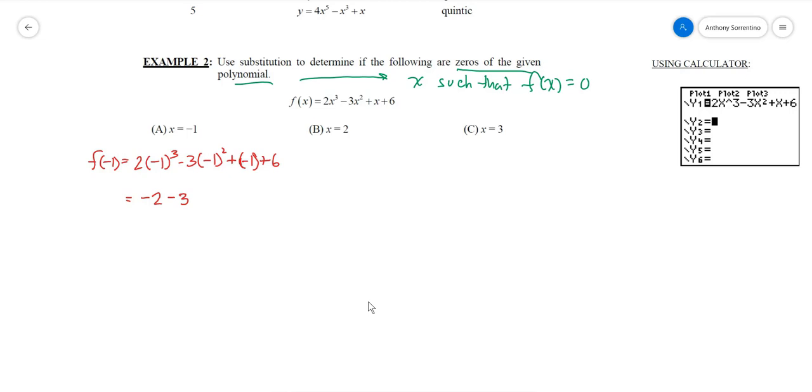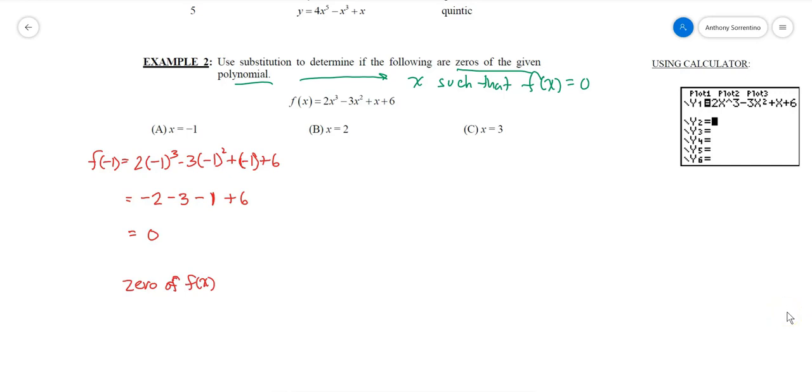Adding a -1 is going to be the same thing as subtracting 1, and I have a +6. And so I have -2 -3 -1 +6. That does come out to be 0. So the first one, x equaling -1, is in fact a zero.